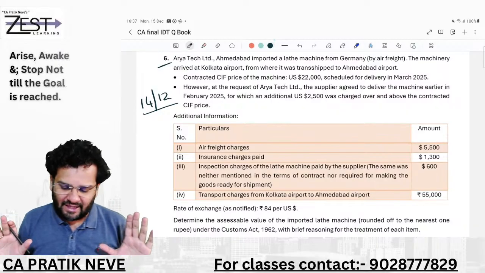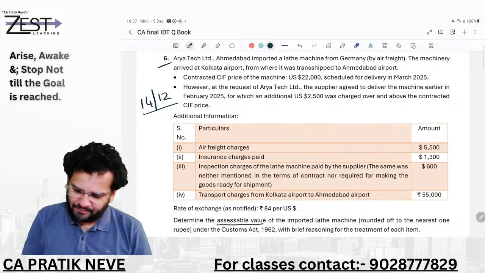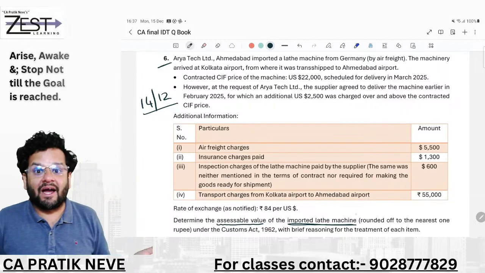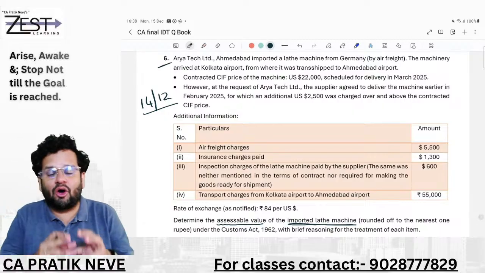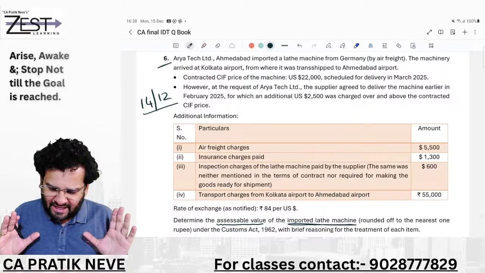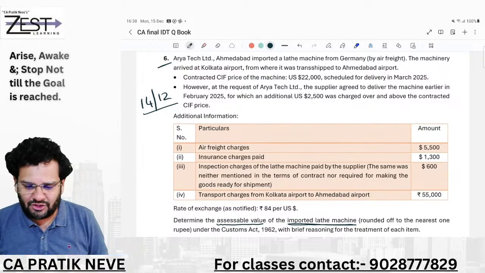Determine the assessable value of the imported lathe machine, that is, the value of imported goods under the Customs Act, with brief reasoning for treatment of each item, that we always do.